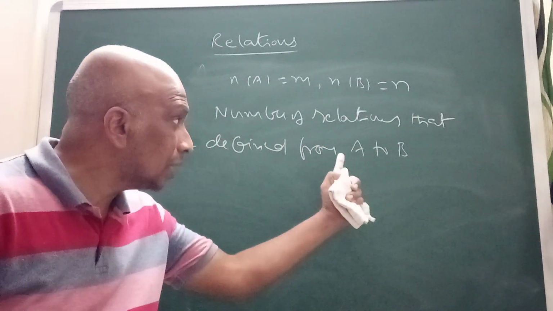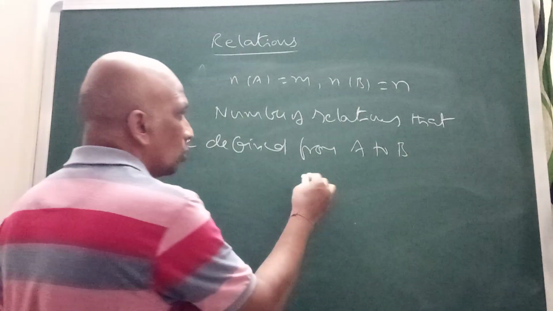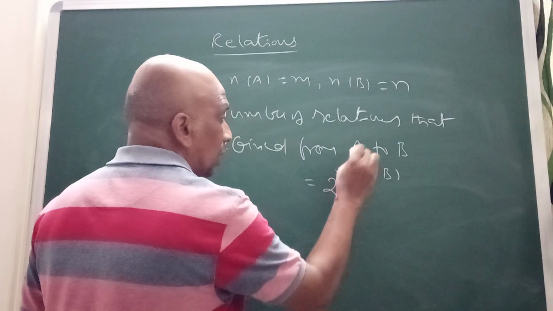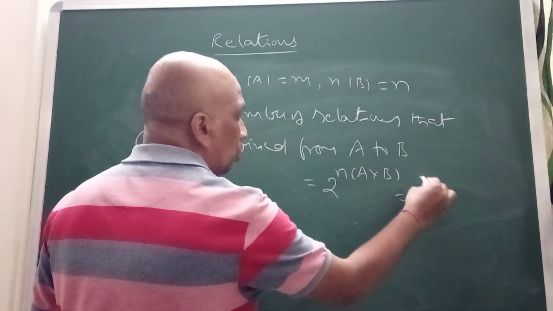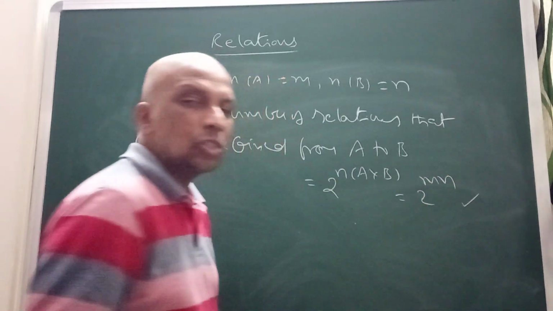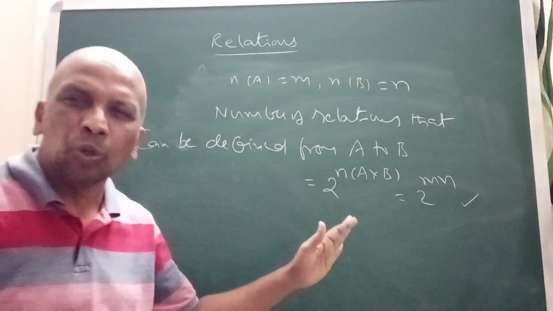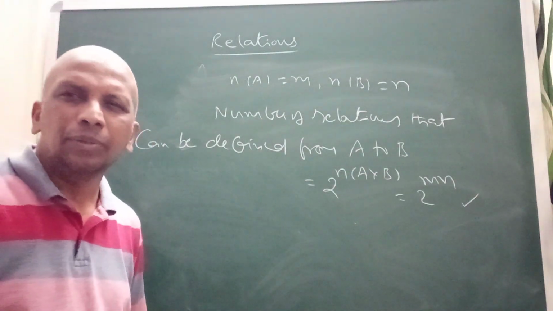It is 2 power n(A cross B), so 2 power mn. This will be the formula for the number of relations. We should know the number of relations like that.